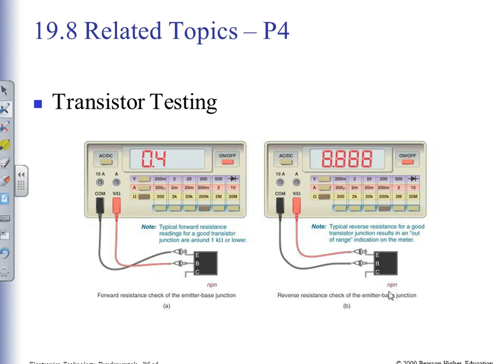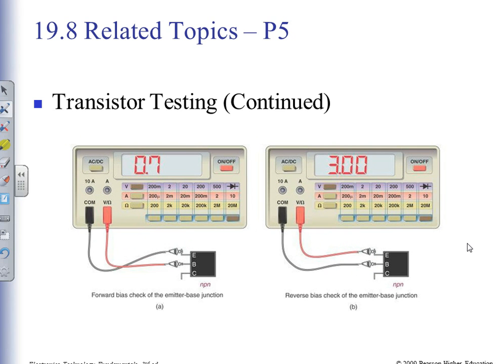If I go PNP and I put the meter at the emitter to the base, I see infinite, I see an open. So going base to emitter I'm seeing a short, and emitter to base I see an open. I look NPN the other way for the transistor and I see my 0.7 drop. I turn them around and I'm seeing 3 meg. So I see a 0.7 drop and a 3 meg.